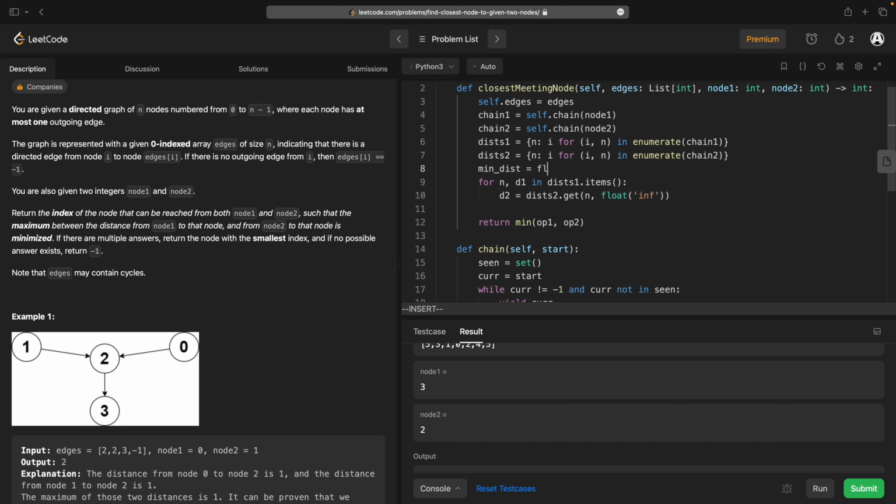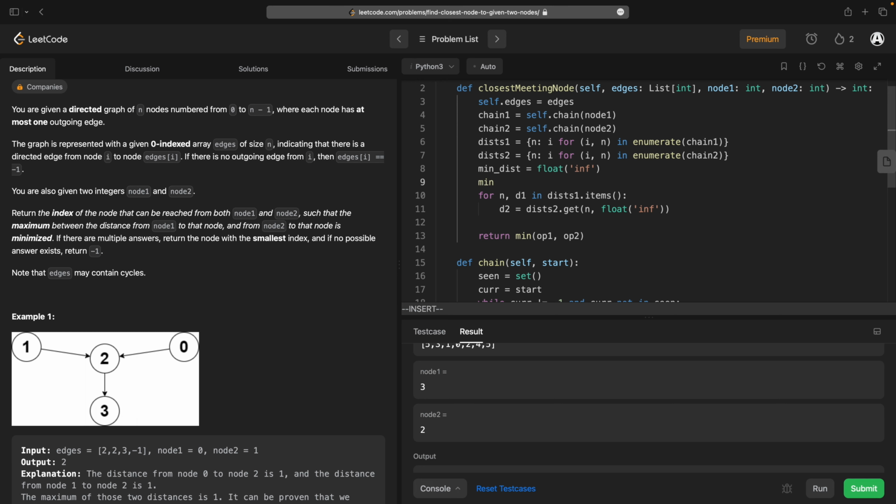min_dist, min n is -1. If max of d1 and d2 is less than min_dist, or less than or equal to the min_dist and n is less than min n, then min_dist is the max and min n is equal to the minimum of n and min n.